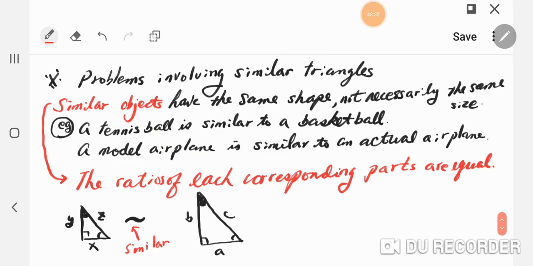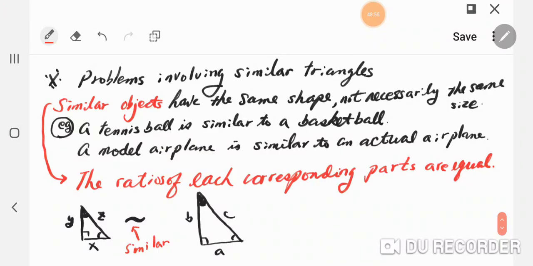For example, a tennis ball is small, but the baseball is larger than this one, but their shape is the same. The only difference is, one is enlarged, one is shrunk. So small and large.